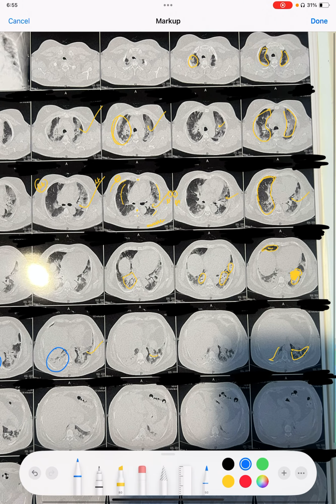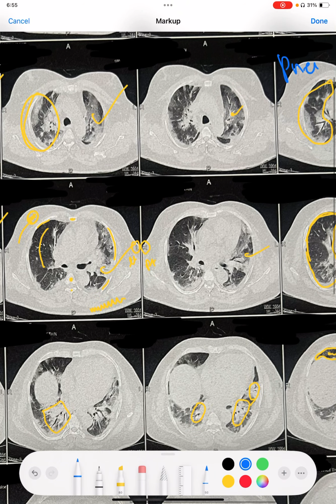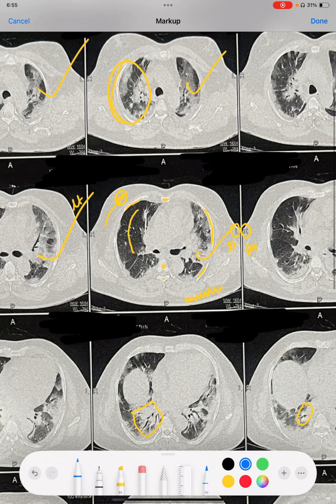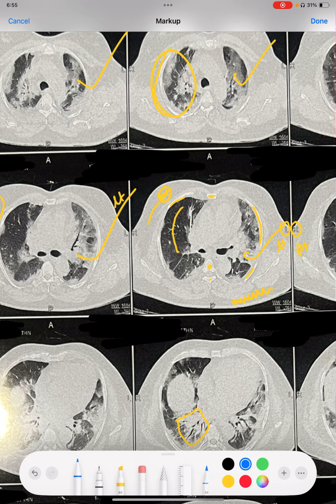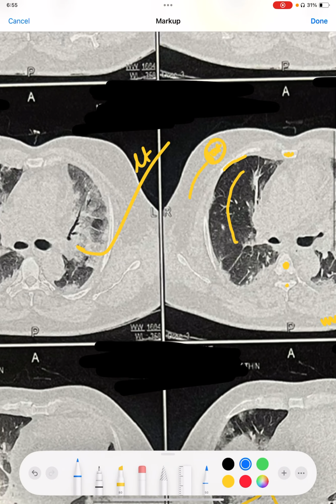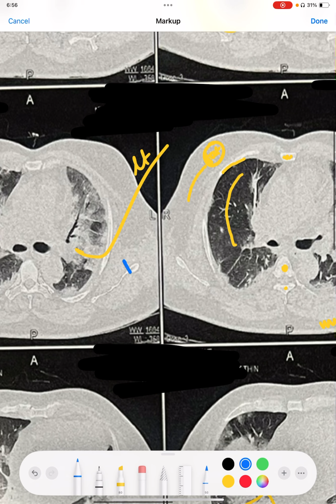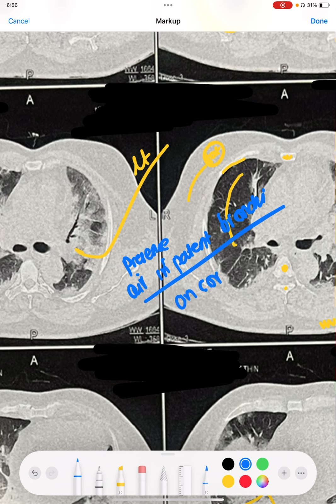There is one more thing that I need to tell you, that to call it pneumonia or consolidation, as I told the definition, the presence of air bronchogram diagnoses that it is pneumonia. Now, what is air bronchogram? Air bronchogram is a presence of air in patent bronchi on a consolidation patch.